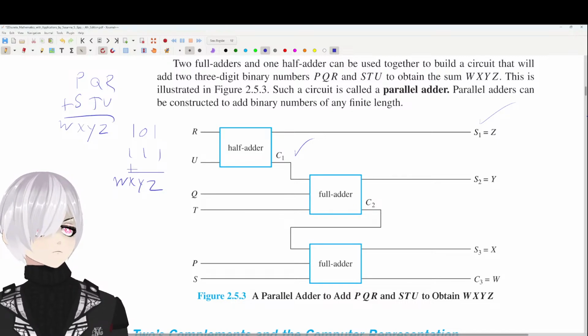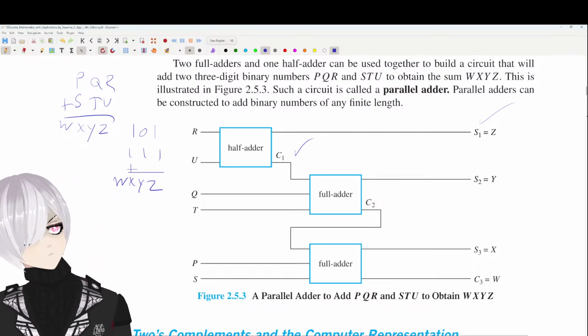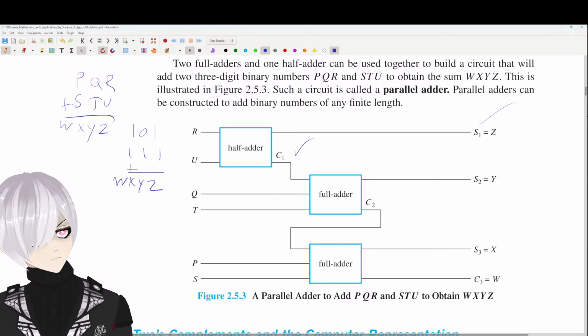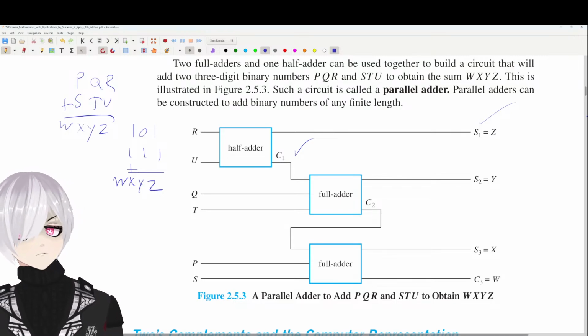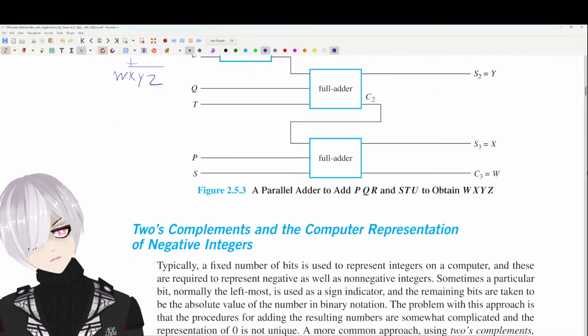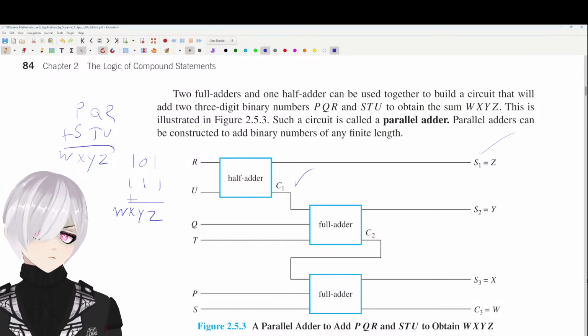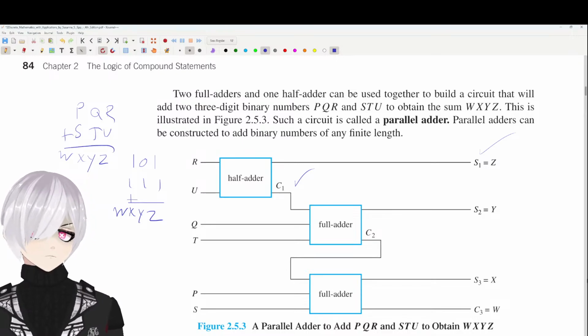You're adding the Q and the T, and you're also adding the C1 because, I guess, if the C1 is a 1, then you have to carry a 1 maybe. I don't know. I wonder why you're adding the C1 to the Q and the T. Maybe it'll be easier if we write it down.